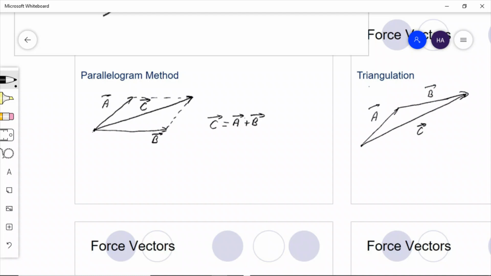In the parallelogram method, we draw a parallelogram by using the vectors.